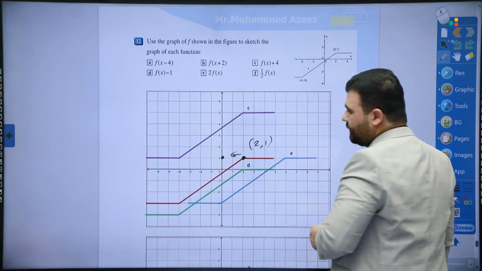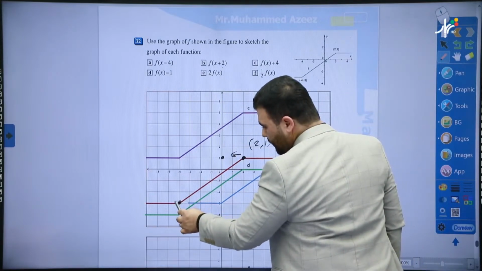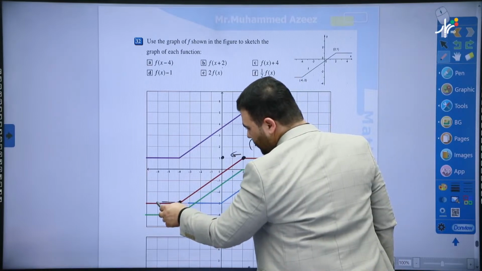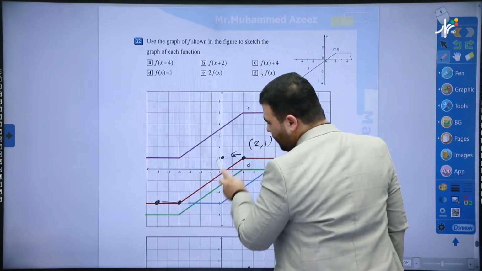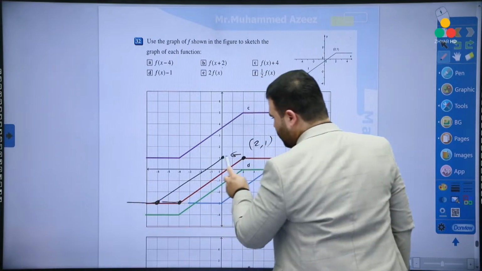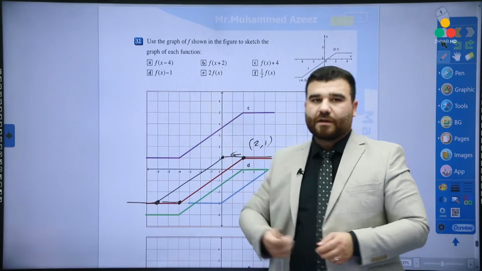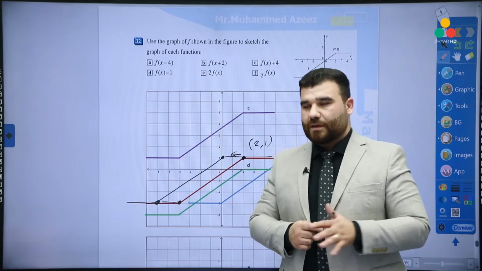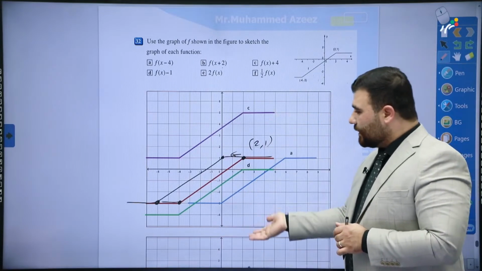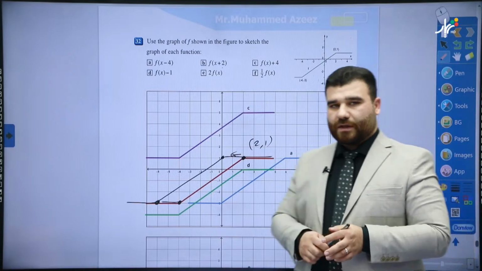It goes 2 units to the left because of this 2. And this one goes 2 units to the left, it will be here. Now, joining these two, and the horizontal parts stay the same because this translation is horizontal. Vertically, there is no change. There is no change on y. The change is only on x.